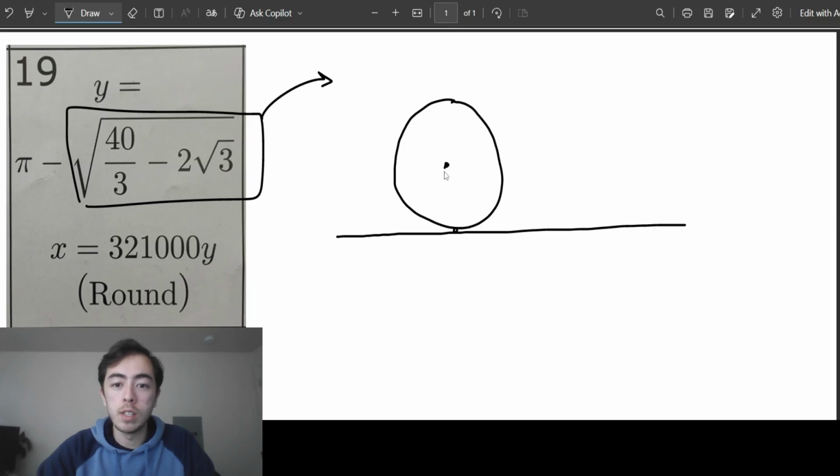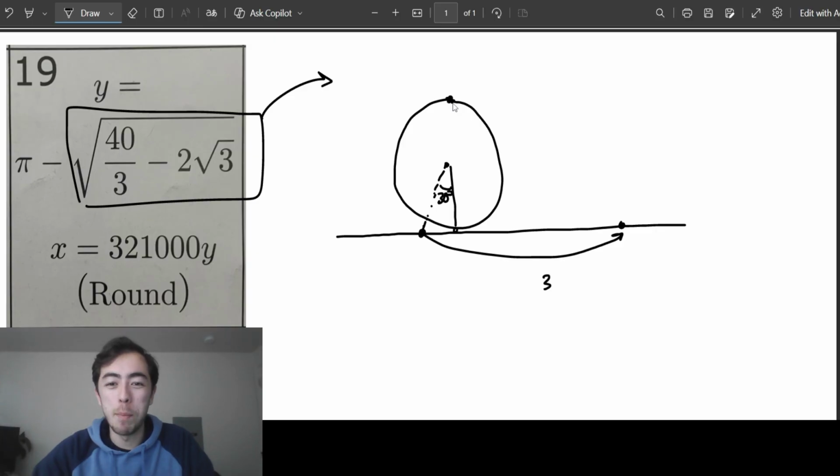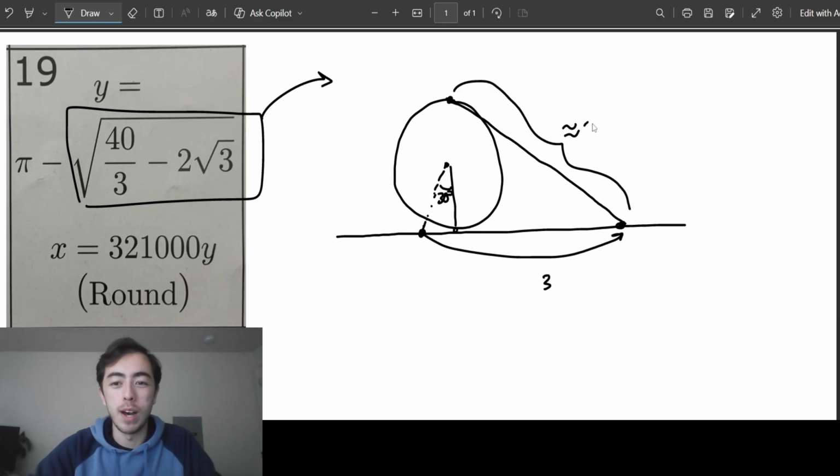If we leave the center of the circle at an angle of 30 degrees and line ourselves up with that base, and then move 3 units to the right, and then connect the top of the circle with this point right here, we apparently get a good approximation for pi.